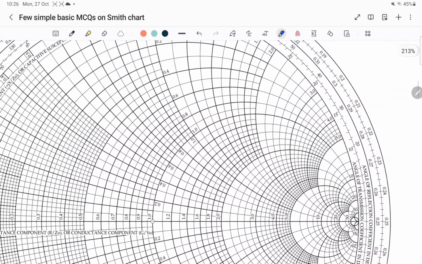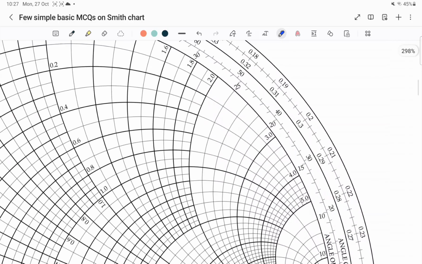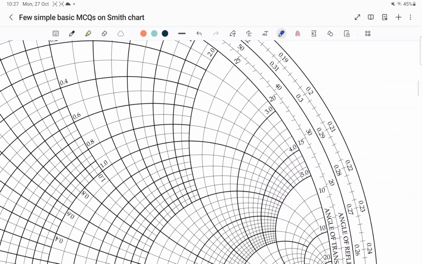Now let us see the next measurement scale which is given in the Smith chart. If you see carefully, there are 4 different measurement scales given here. This is one scale, this is another scale, this is one more scale, and this is the 4th scale.